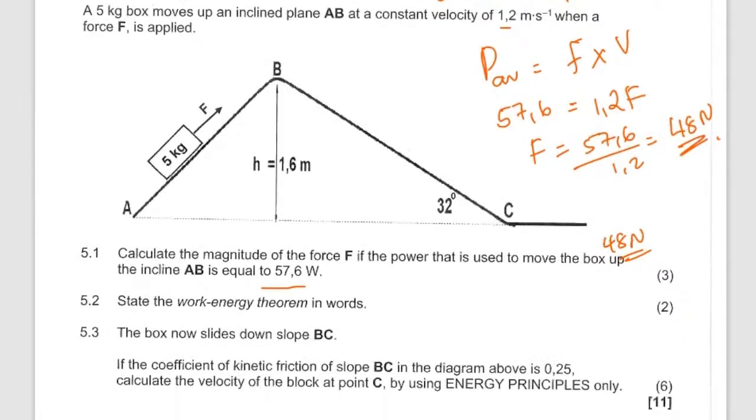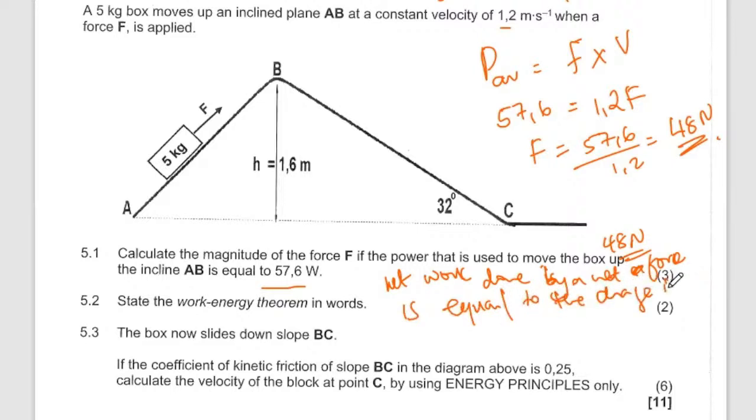Then they want us to state the work energy theorem. So this tells us that the net work done by the net force is equal to the change in energy.